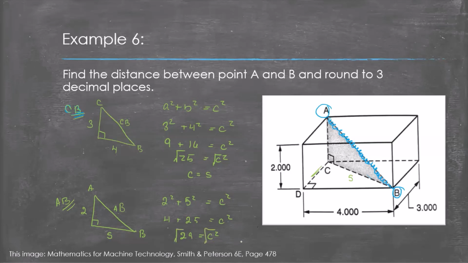And take our square root of each side, and c is equal to 5.385 inches, or 5 385 thousandths. Typically when you see 3 decimal places, you can assume it's in inches, even if I haven't stated. And that equals the distance A to B.